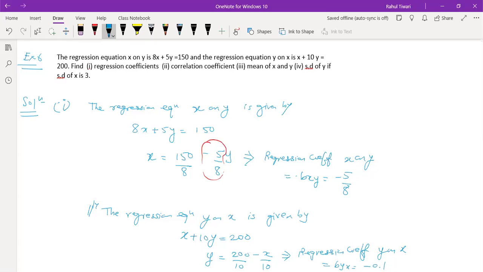I was shocked at what he was asking. Then I replied, but this is regression coefficients. It is mentioned as plural, so whenever it is plural, that means you need to obtain both. You need to obtain bxy and you need to obtain byx.